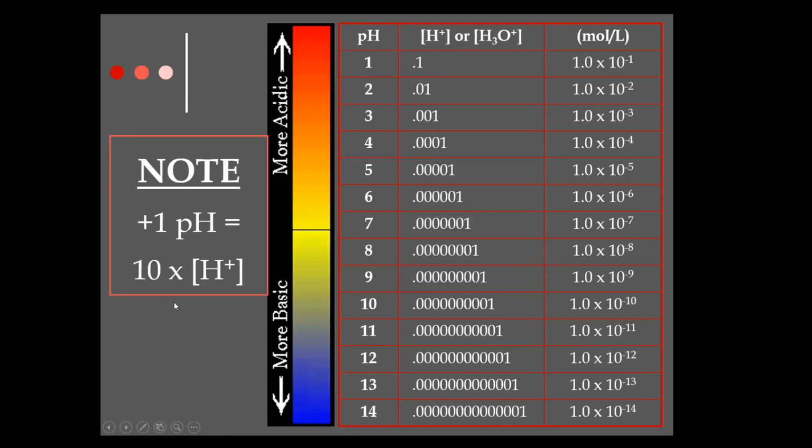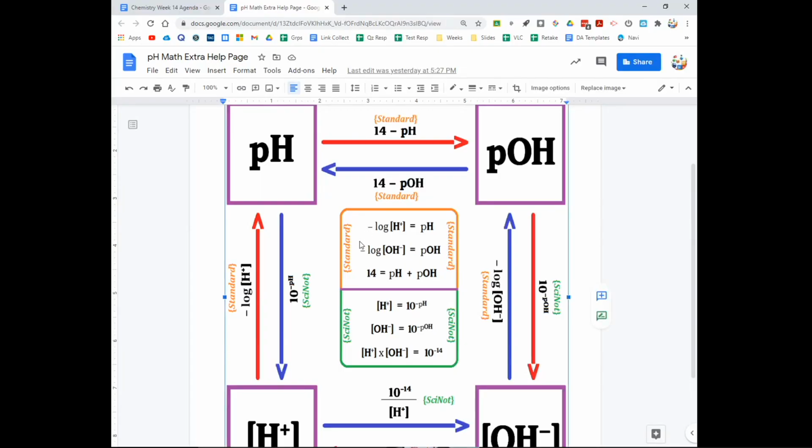This is a reminder that one pH is a 10 times change because each of those pHs is an exponent. This is an exponent of 10, which is exactly why all of this math works. You can see here at the center where my mouse is moving, you've got your standard notation, your scientific notation, depending on where you're trying to go.